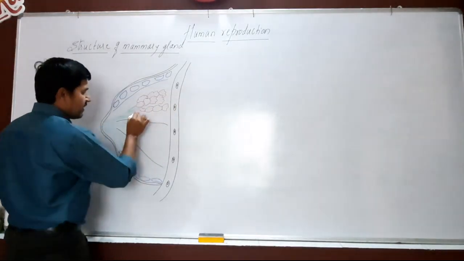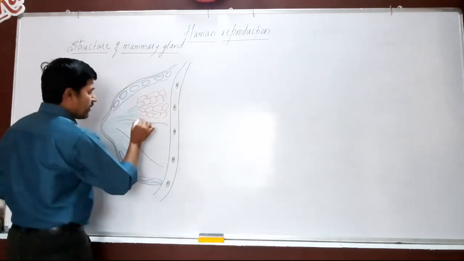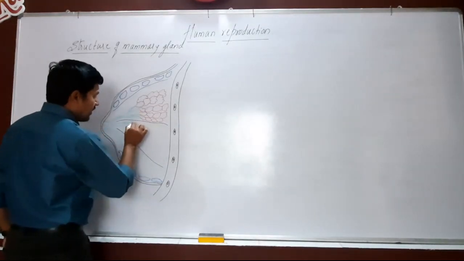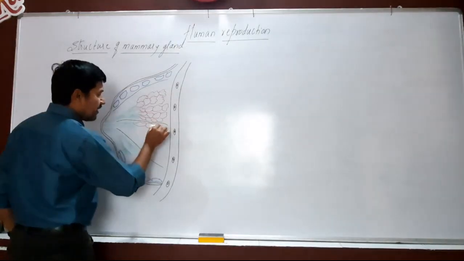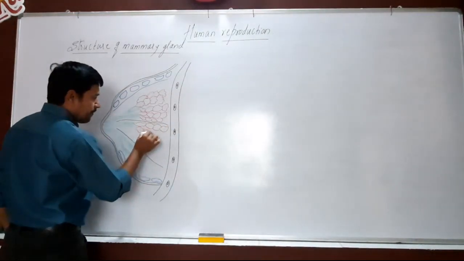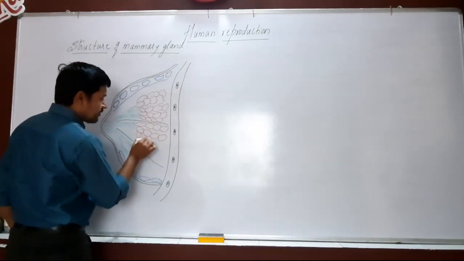Now each of these represents the alveolus, which we call the mammary alveolus also. And these mammary alveoli are numerous in number, and they are present in the mammary lobes. So all these are the mammary lobes.